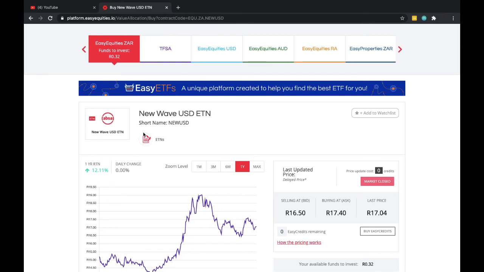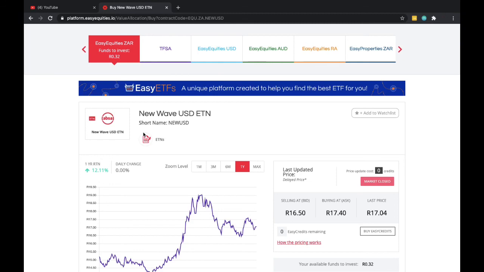Also, I got a question on Instagram. Somebody asked me, how do you get the 50 Rand when you invest in shares? Basically, you have to create your Easy Equities account using the link in the description below. Once you've done that, you'll have to FICA your account. Once you get approval from Easy Equities, then I suggest you only deposit money into the account.